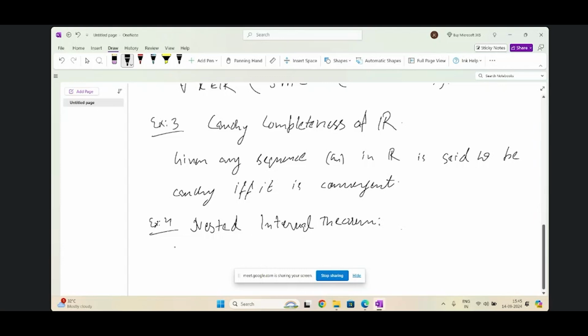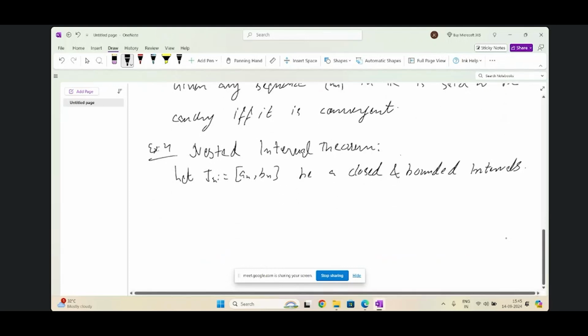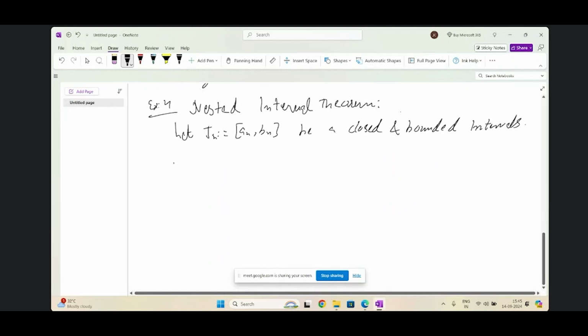No. Okay. So let Jn be closed and bounded intervals, and let J2 be a subset of J1, J3 a subset of J2, and so on.